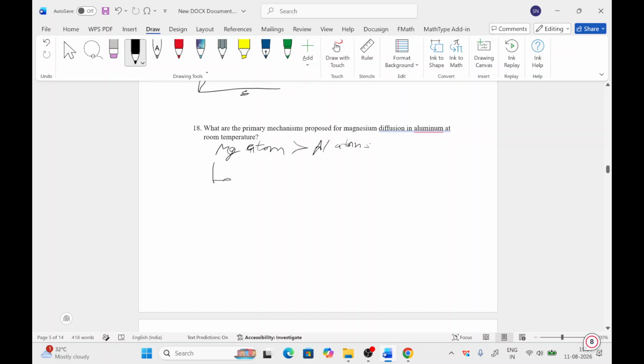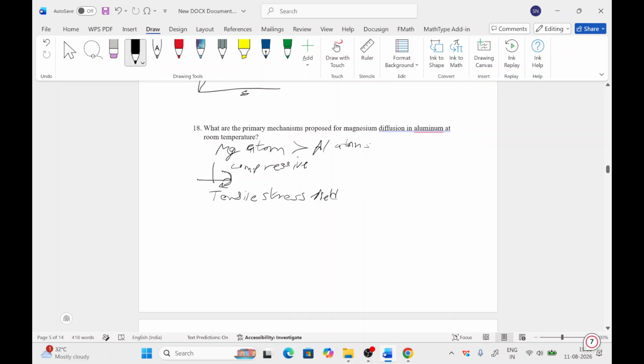This is the dislocation plane. Above the dislocation, there is a compressive stress field, and below is the tensile stress field. So it diffuses from the compressive to the tensile region, and by diffusing from upside to below, the magnesium atom can easily lock the dislocation.